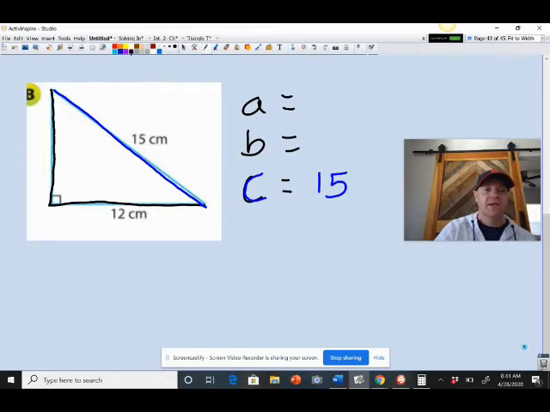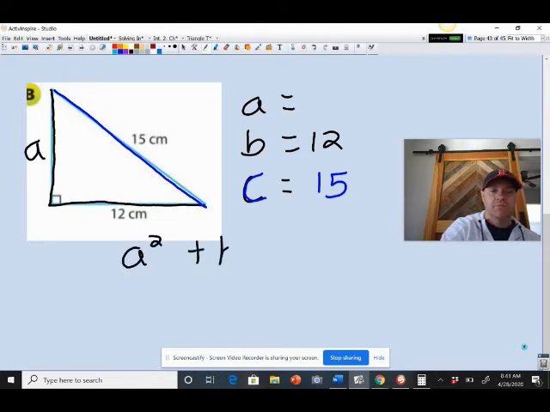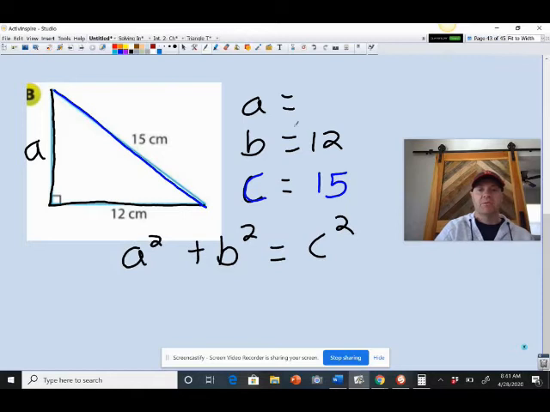So let's go ahead and say that the leg that they gave me, let's just make that one 12. And this one is the unknown. The A value is the unknown. So we're going to label this one as A. Okay, and now I'm going to take my equation: A squared plus B squared equals C squared. And because I've labeled everything up here, I can go ahead and just plug and chug.